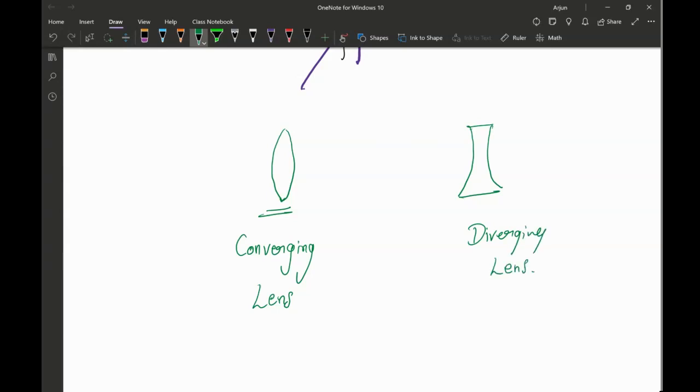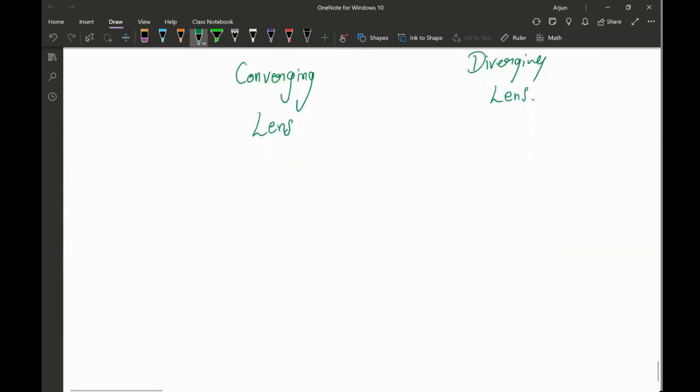So let's start with the converging lens first of all. And just want to tell you, converging lens is also called convex lens. Converging is convex in this case, and diverging is concave.